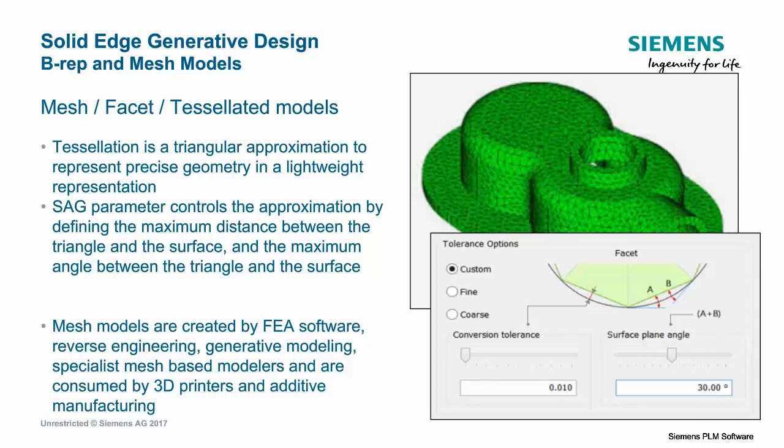Here you can see the dialog that you use to set this parameter for mesh models created using Solid Edge. Mesh models are created by FEA software, by reverse engineering processes, by generative modeling, by specialist mesh-based modelers, and are consumed by 3D printers and additive manufacturing.